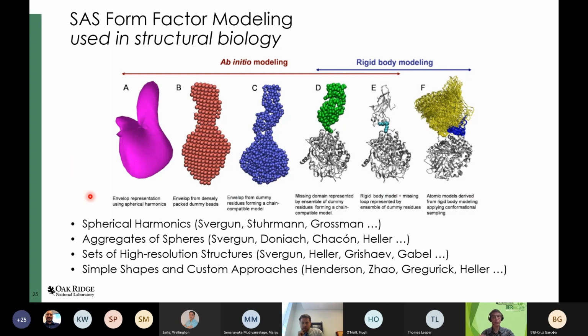So you can start modeling your scattering curves with different approaches, such as these speed models, where you start in the initial and just move scattering blobs around until you get an optimized fit to your scattering curve. You can also sometimes use existing crystal structures and put them together in models if you have a multi-domain structure and rearrange them relative to each other so that you get the best fit of your scattering curve. So those are all different approaches of modeling your data.